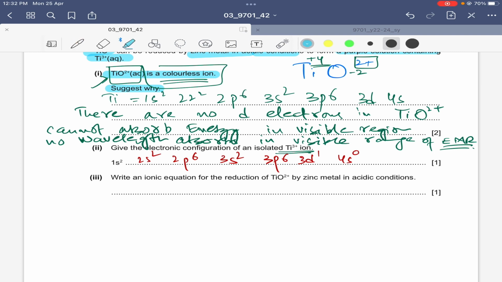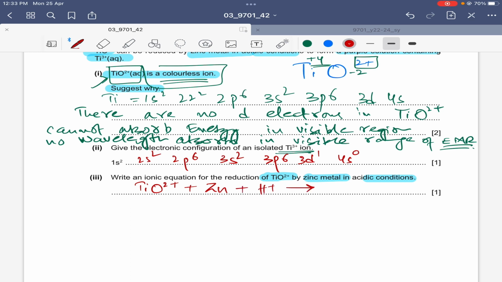Write an ionic equation for the reduction of TiO2 plus by zinc metal in acidic conditions. So reduction of TiO2 plus: TiO2 plus reacting with zinc in acidic medium, that means H plus.